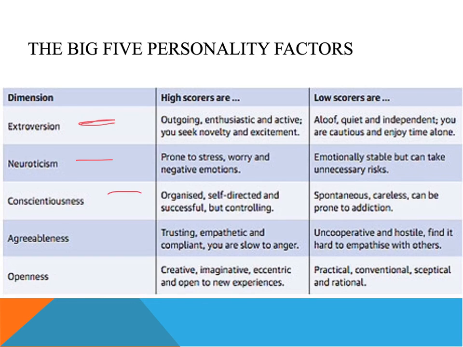Then you have agreeableness. This is trusting, empathetic, and compliant, and you're very slow to anger. However, if you do not have a high sense of agreeableness, then you will have uncooperative and hostile attitudes. If you're open, then you're creative, imaginative, and eccentric. But if not, then your personality will be practical, conventional, skeptical, and rational.